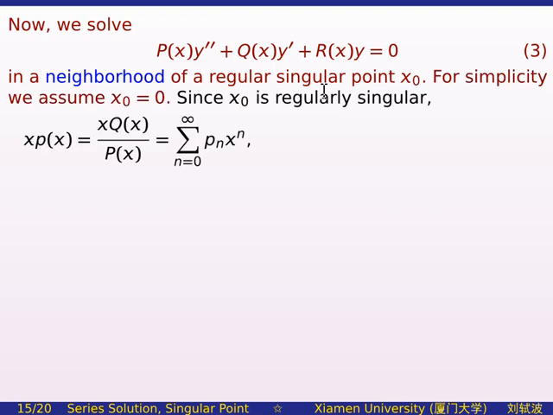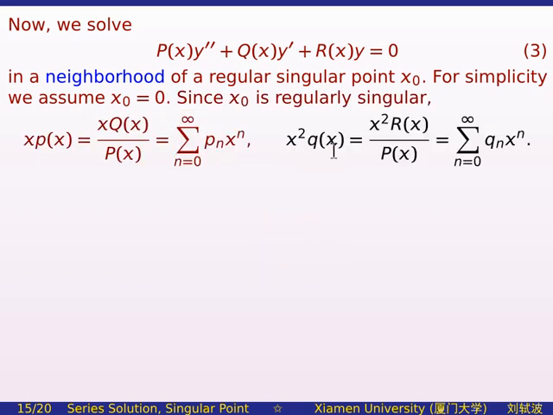Now, x0 is a regular singular point. The definition means that (x minus x0) multiplied by capital Q over capital P is analytic. But x0 is 0, therefore this is xQ(x) over P(x). This will be denoted by small p(x). By the regular singularity assumption, this is a power series, so it can be expanded as a power series of x.